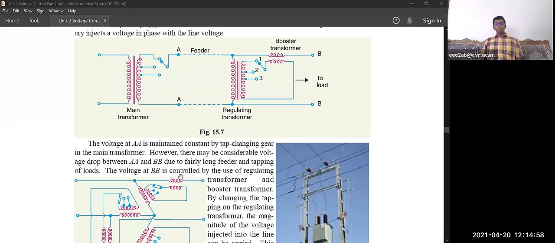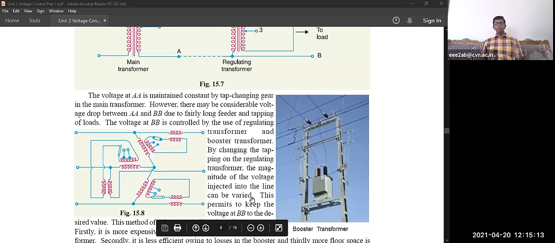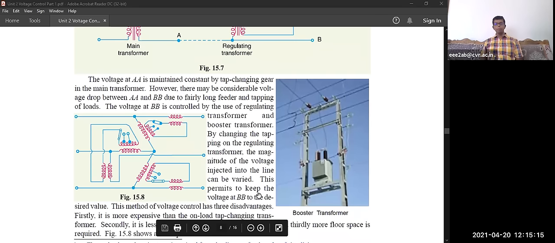The voltage at BB is controlled by use of the regulating transformer. By changing the tappings on the regulating transformer, the magnitude of the voltage injected into the line can be varied. This permits keeping the voltage at BB at the desired value.